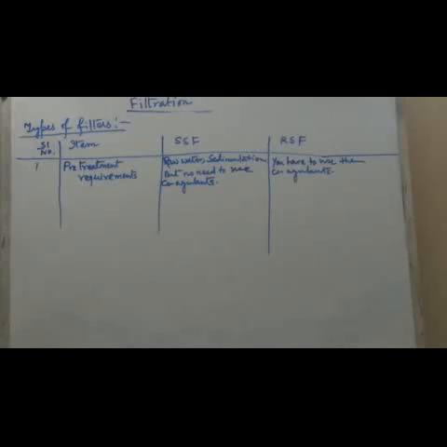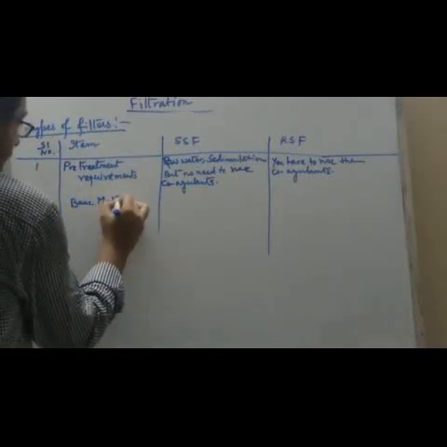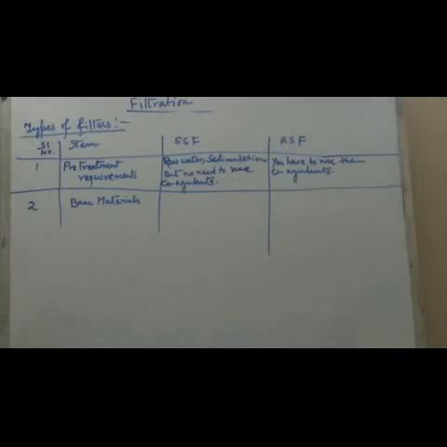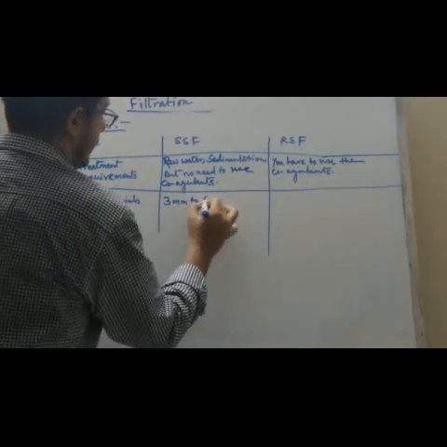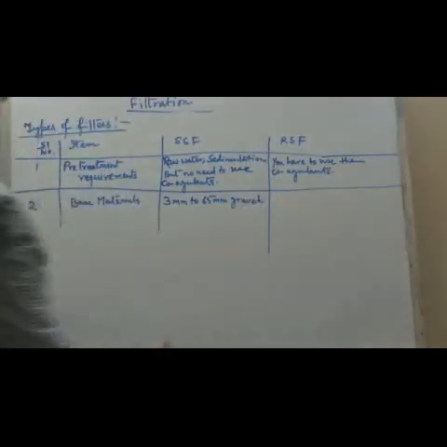The second thing is base materials. So what are the base materials? For the slow sand filter, a gravel base of 3 mm to 65 mm in size can be used.